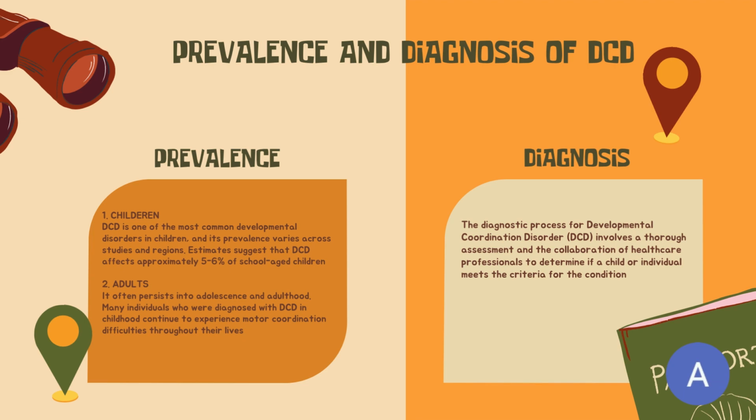For children, DCD is one of the most common developmental disorders, and its prevalence varies across studies and regions. Estimates suggest that DCD affects approximately 5 to 6% of school age children.